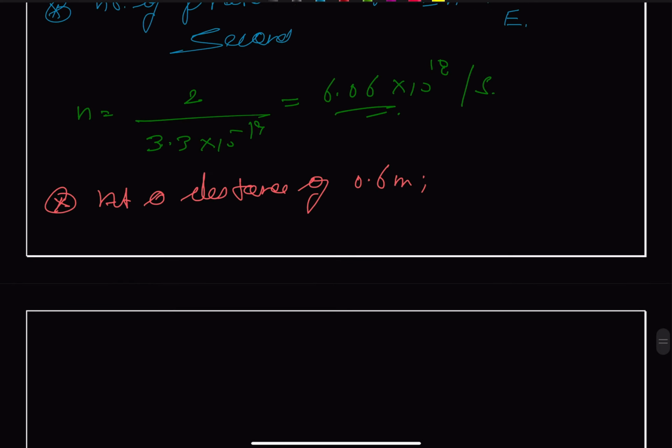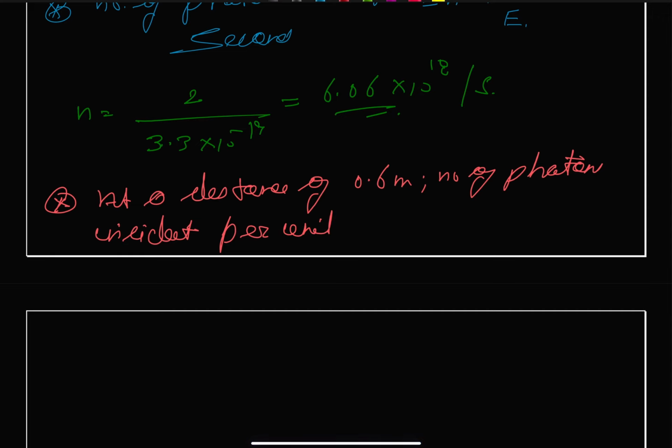So at a distance of 0.6 meter, number of photons incident per unit area per unit time.